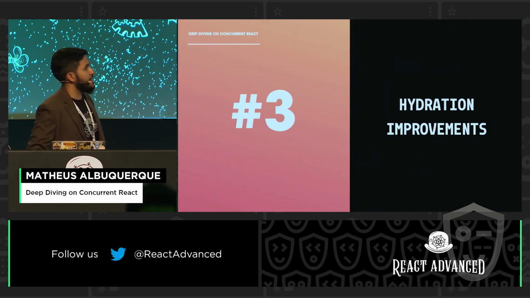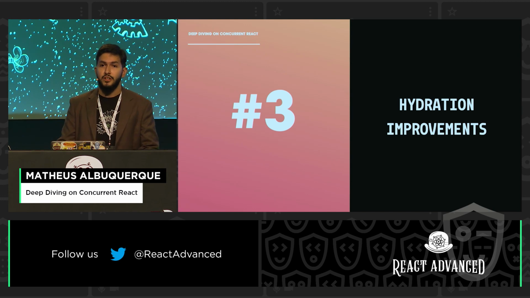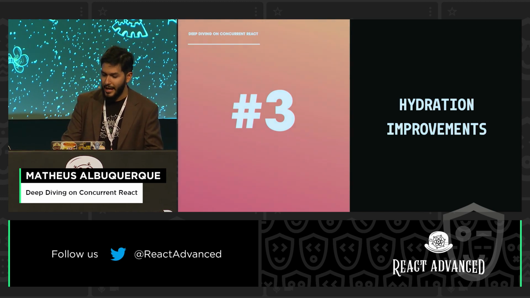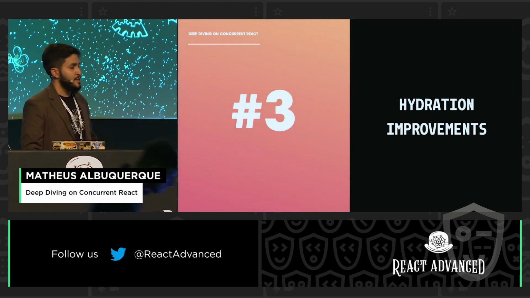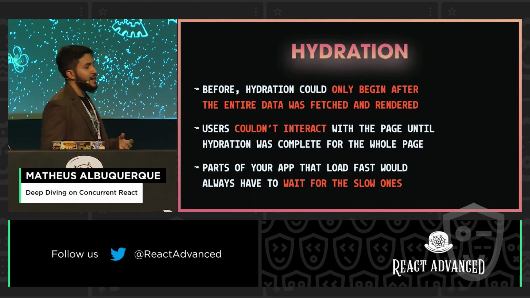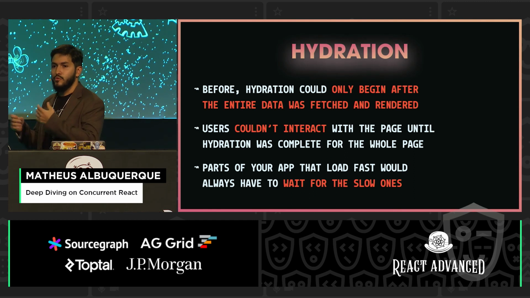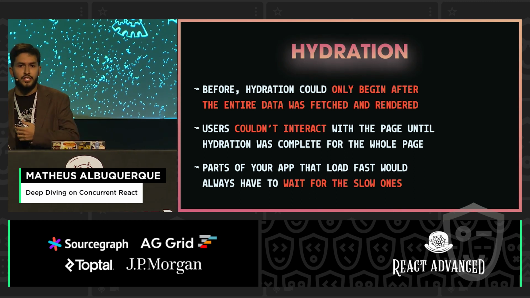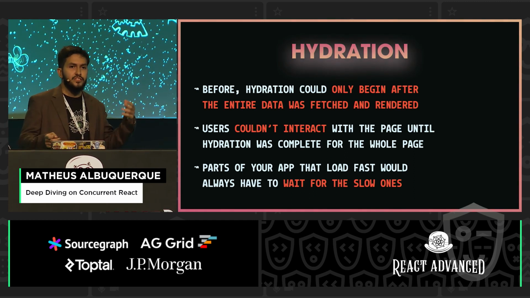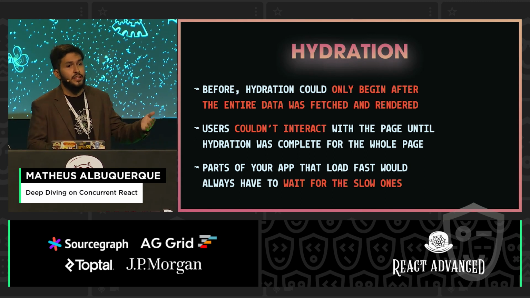Another thing is the hydration improvements. If you've been doing SSR in React before, you know that hydration could only begin after the whole data was fetched for the whole page. And this also affected how users interact, because they could only start interacting after that.